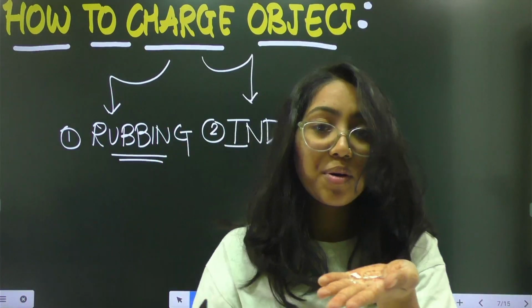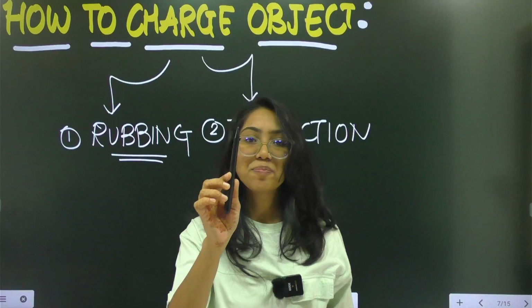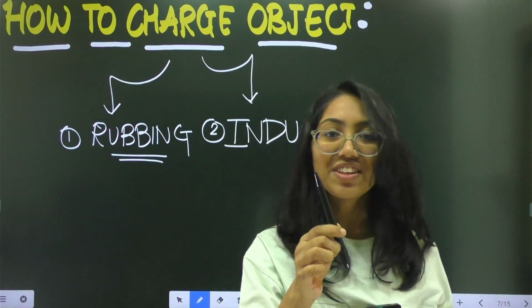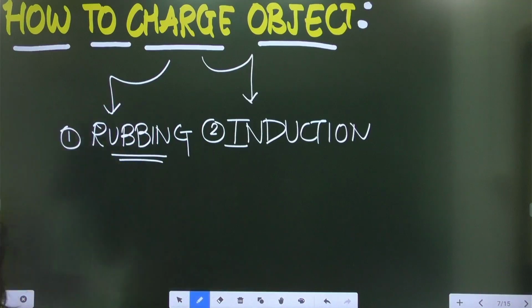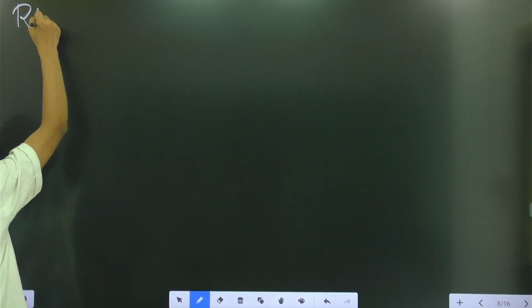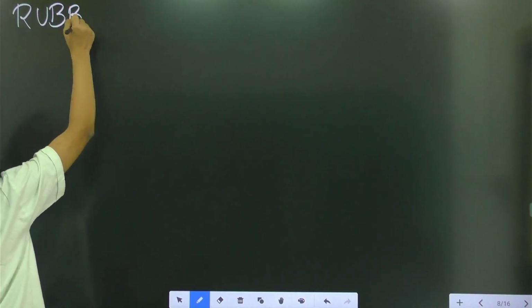Why? Because when I rub the pen with my hair, the pen is charged. It's negatively charged. Why? I'll teach you actually. It's really interesting how rubbing can do magic. So, we are starting with rubbing.